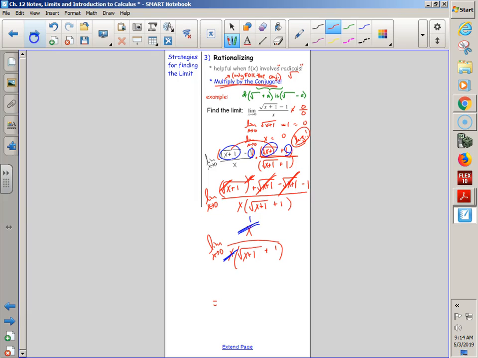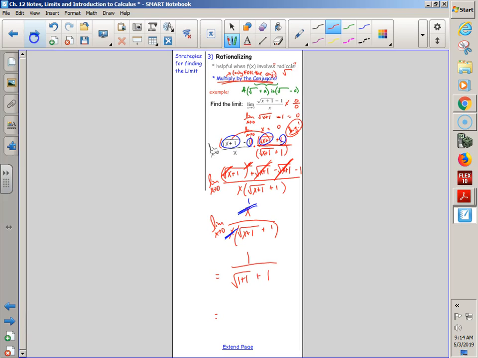I can just say equals 1 over square root of 1 plus 1 plus 1, which will be 1 over, oh sorry, it's a 0. Silly me. 0 plus 1, sorry, 0. There we go. Square root of 1 is 1, 1 plus 1 is 2. Just 1/2.